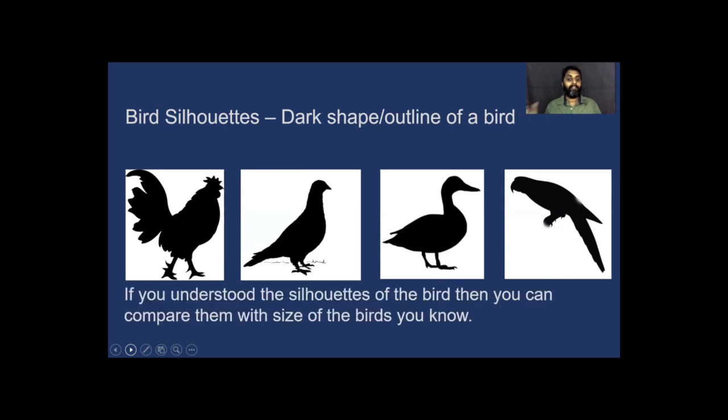And purposely, I have not put the size in these silhouettes, because size is also important, right? All these birds are not equally the same size as each other. Chickens are bigger, pigeons are smaller than the chicken, ducks are bigger than the pigeon and could be the size of a chicken.